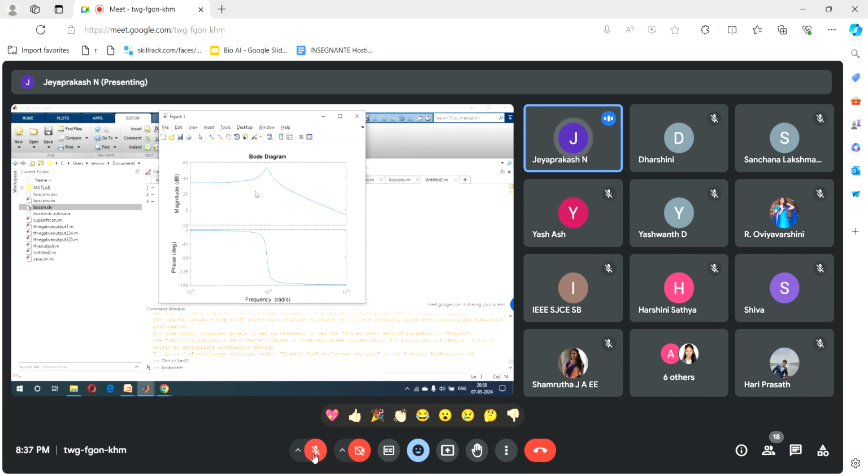So you can decide the gain margin and phase margin to see whether the system is stable or not, since our title is stability analysis. I am checking the stability.